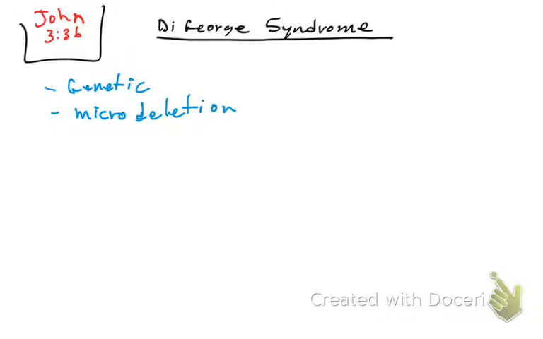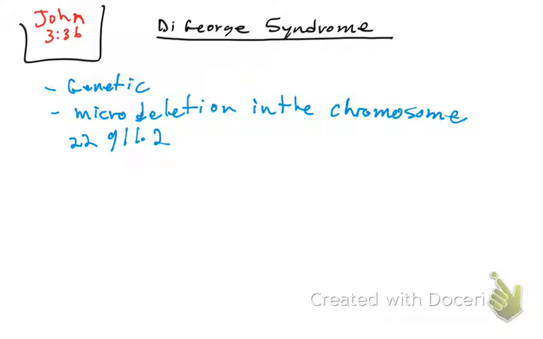So the chromosome 22, microdeletion in the chromosome 22q11.2. Okay, now this involves the deletion of the genes residing in these adjacent loci.